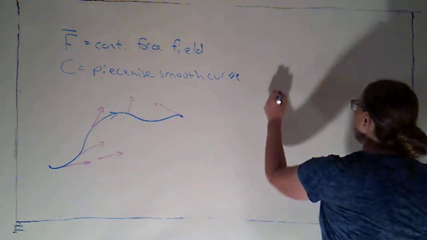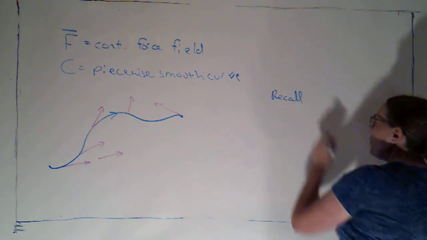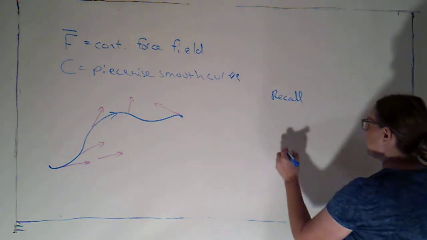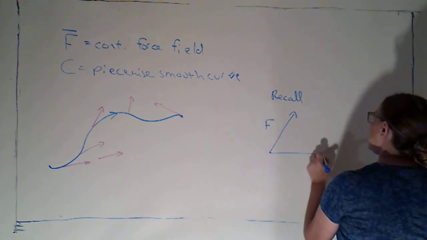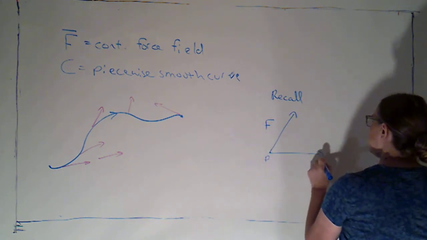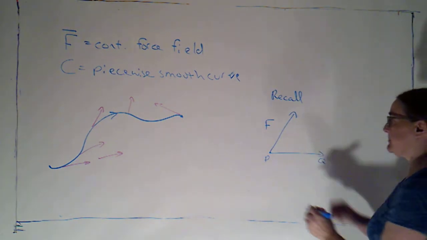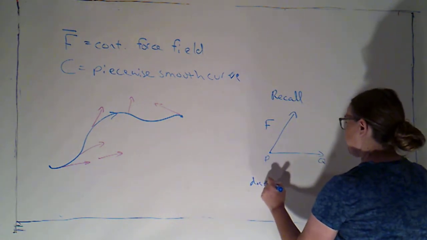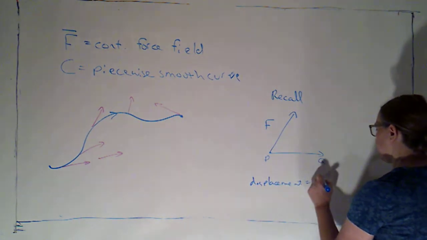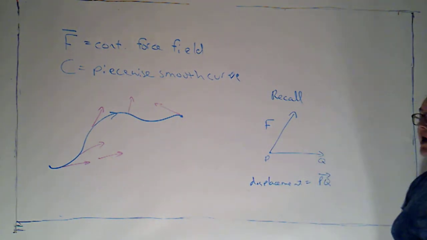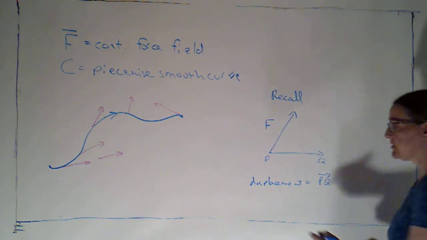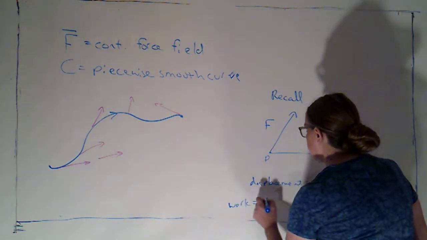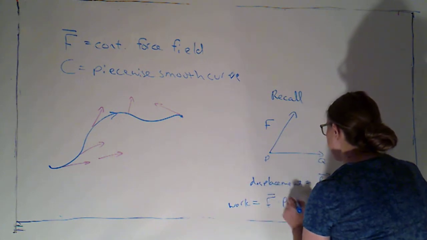So let's just recall from way back when we first started working with vectors, that if I have a force vector, and if that's going to move me from point P to point Q, so that my displacement vector is the vector PQ, we had learned how to calculate the work done by this force in moving the particle from P to Q. The work was F dotted with PQ.